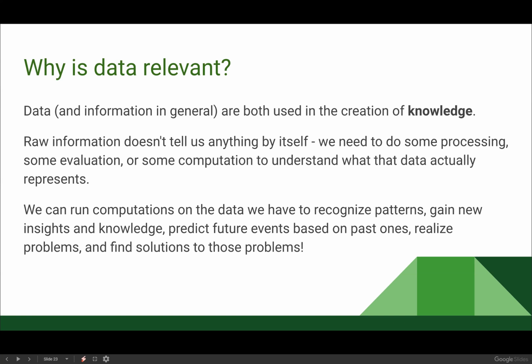We need to apply labels, we need to do all kinds of different things to understand what these numbers mean, to gain knowledge from this data. So we can run computations on the data that we have to potentially recognize patterns. We can gain new insights and knowledge. We could predict future events based on past ones. We can even realize and solve problems based on the information that we've collected.